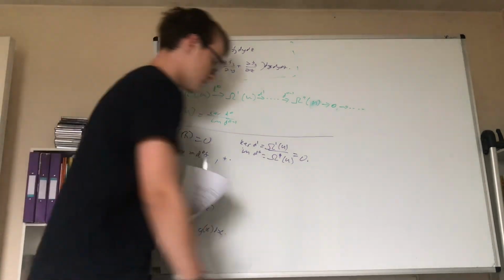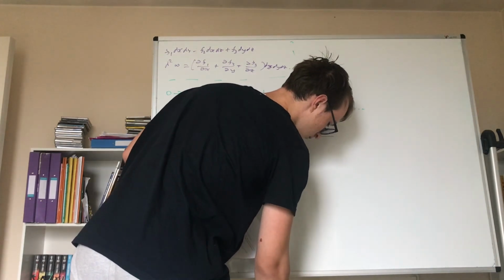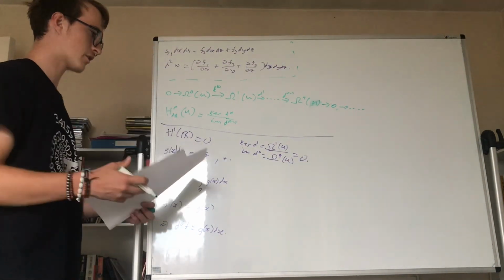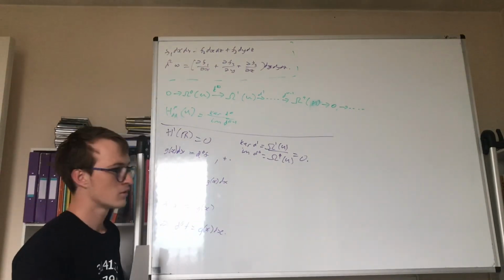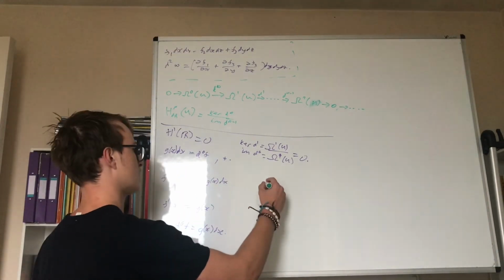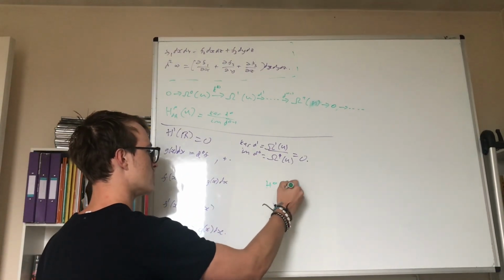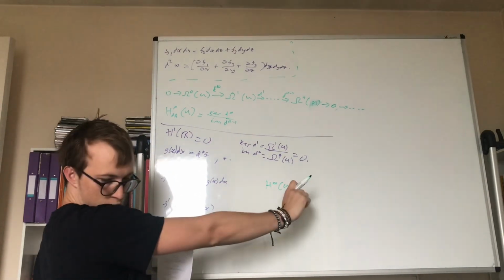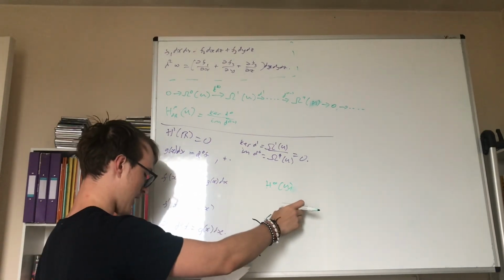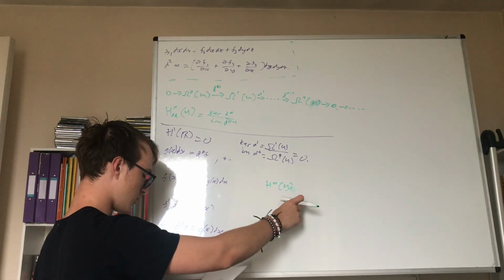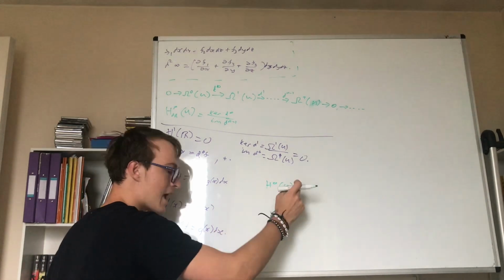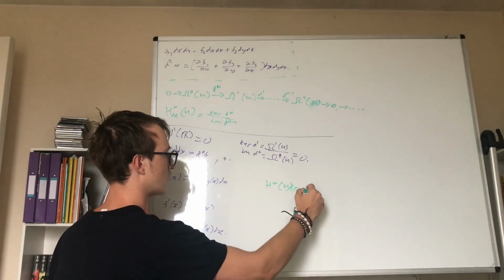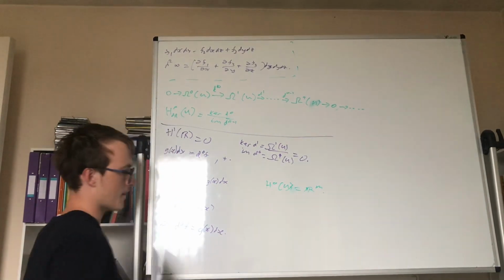An easy example of this is to say that the 0th cohomology of U, where U is some subset of Rn which has m different components, is just going to be Rm.